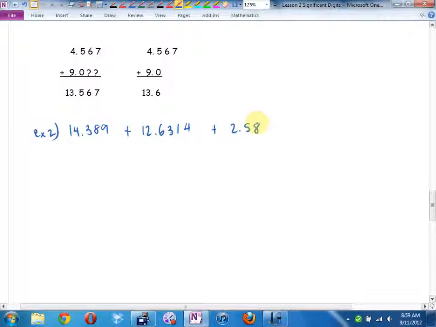You'll find it easier to rewrite it vertically, keeping your decimal points all nice and lined up.